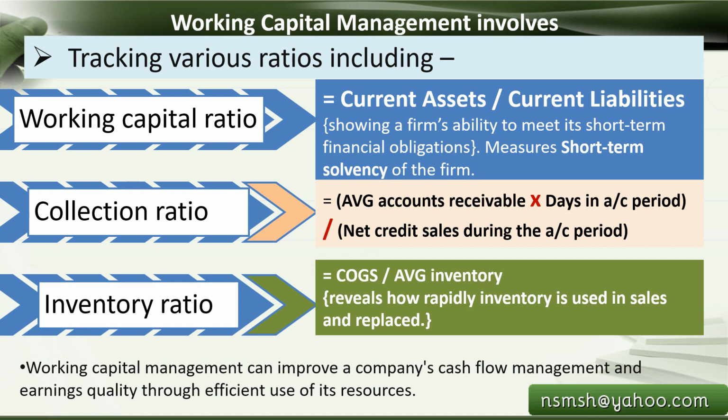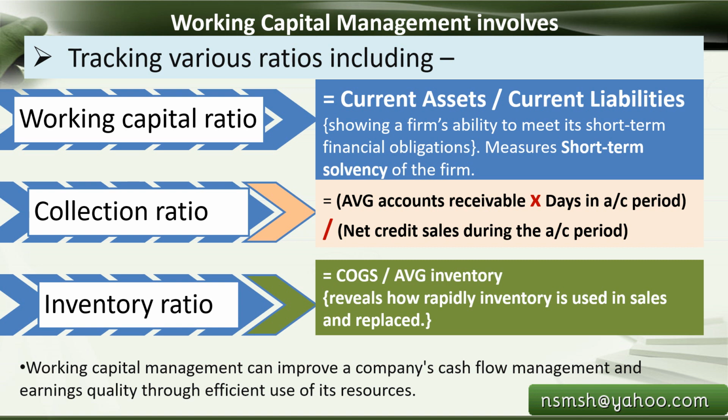What is the collection ratio? It is given by the average accounts receivable. How do we calculate average accounts receivable? Opening accounts receivable plus closing accounts receivable during the accounting period, divided by 2. That is the normal way, unless the question gives otherwise.